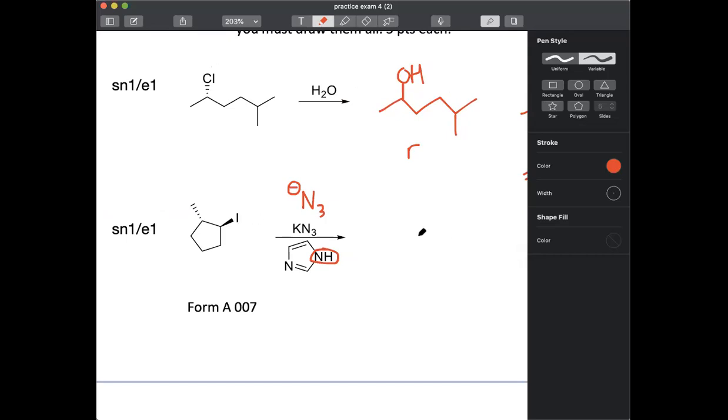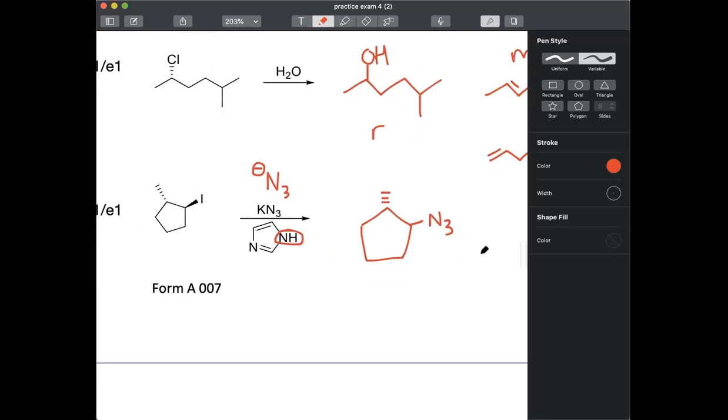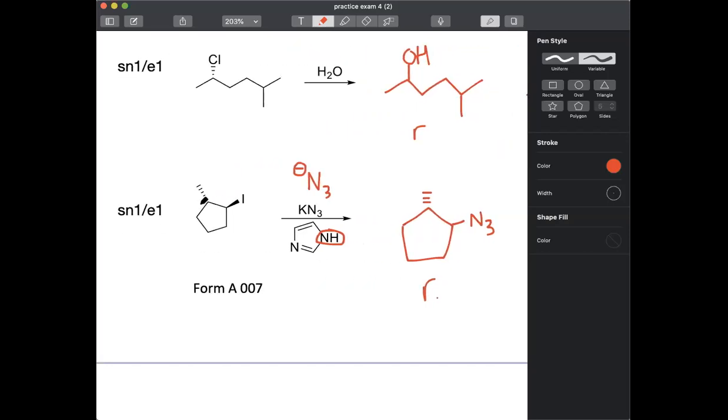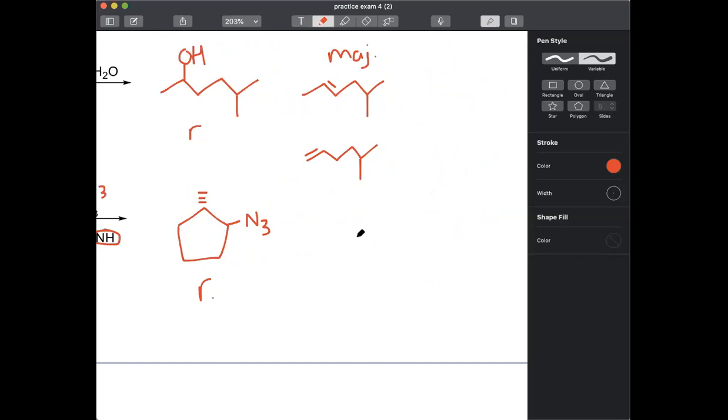So we have the SN1 product. Is this racemic? It is, because it's a chiral center. And as far as the E1 product, you have one right here, you have one right here, two different ones. So two different E1 products. So we have this guy.